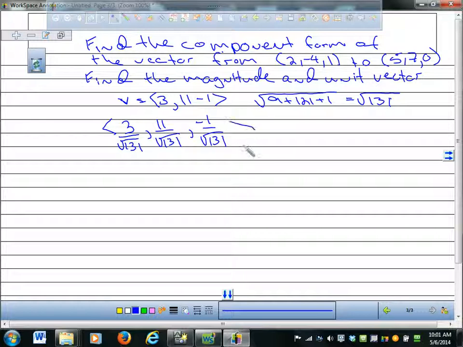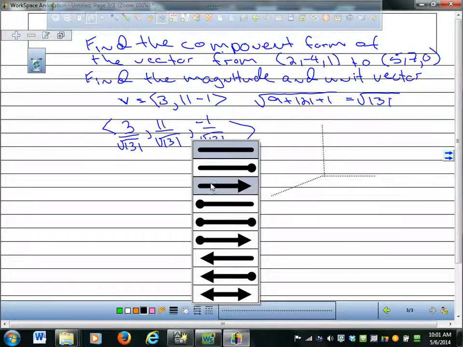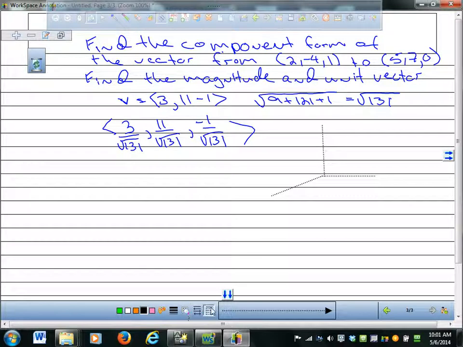So if I were going to draw a picture of this, in 3 dimensions, and I have some vector going out this way 3, over this way 11, and down 1, it might look like a vector going down like this, with an arrow on the end.